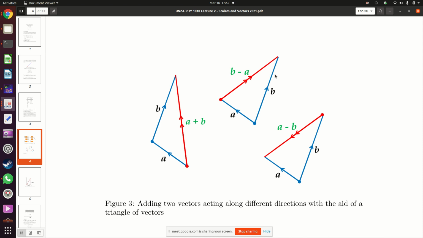Because a vector has size and direction. So as long as the size and the direction are the same, then it is still B. You can shift vectors around. Are we clear? Okay, so that is your B minus A. Yes?